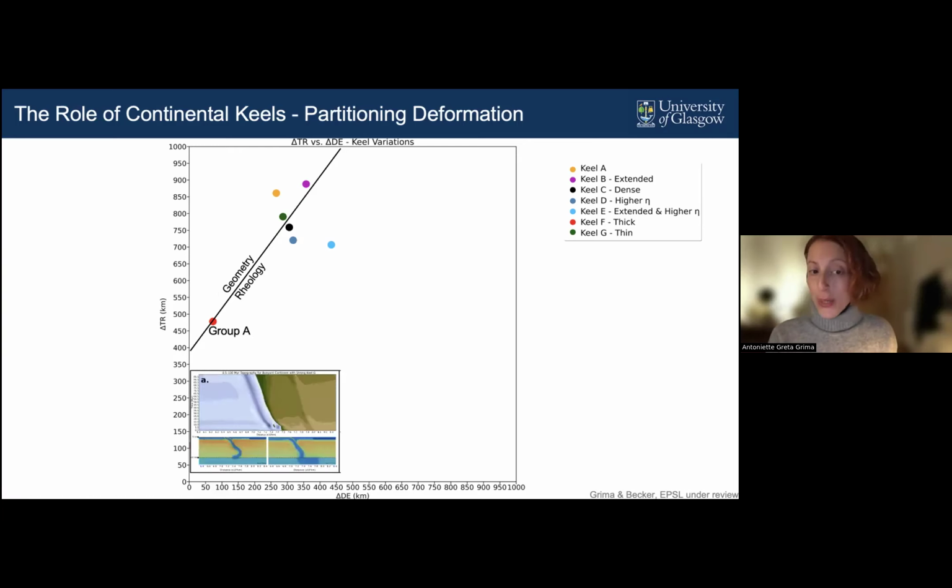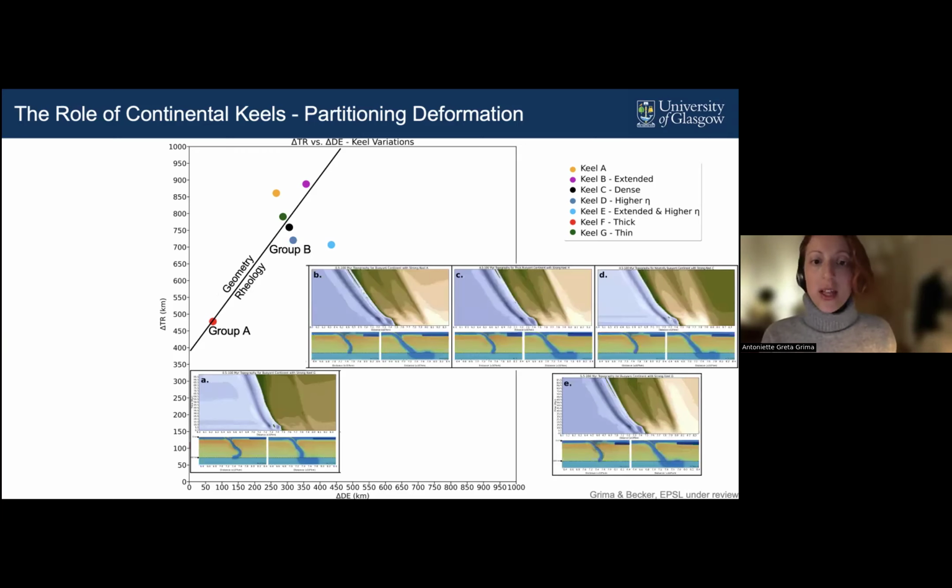The other thing that we can notice is that we can broadly classify the behavior of these models into 3 groups. The first group is those models where we have limited trench retreat and also a limited amount of deformation on the overriding plate, where we don't really see the basin and the subsidence and extension.